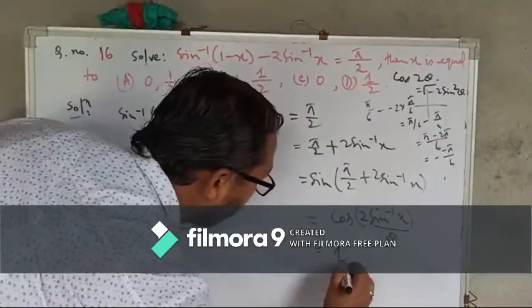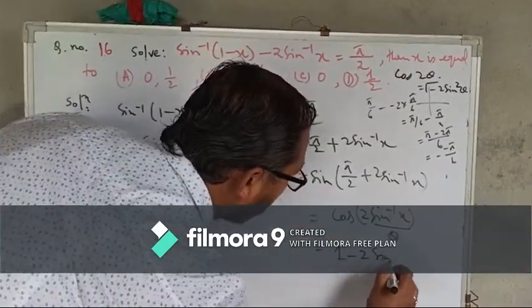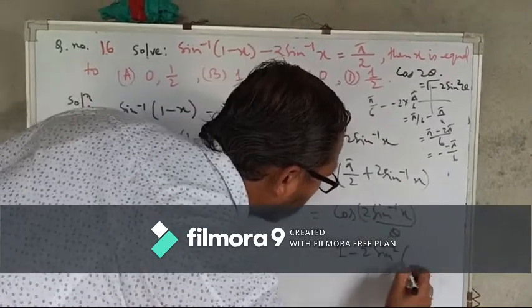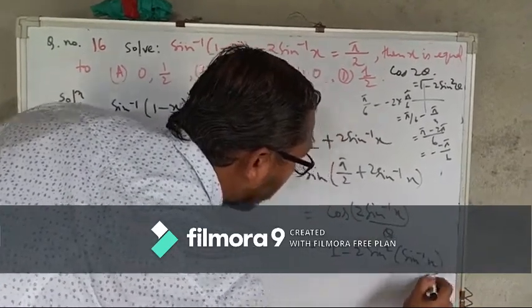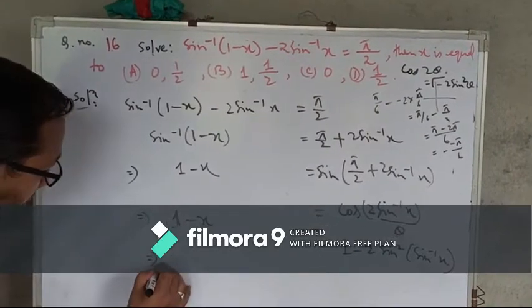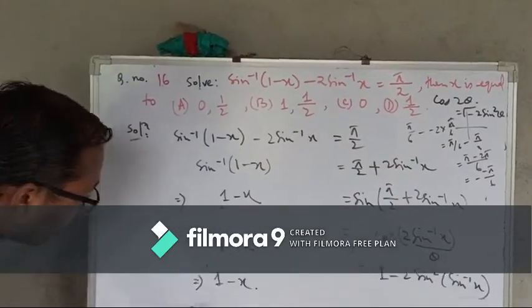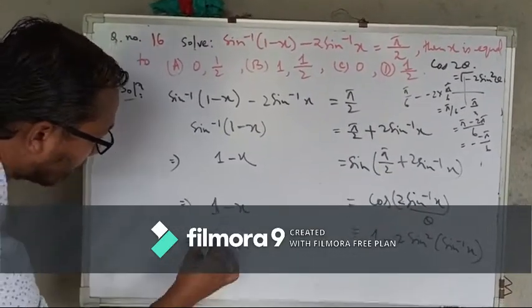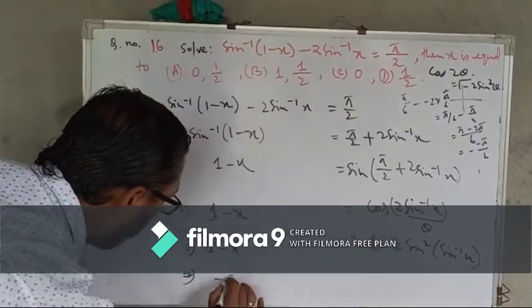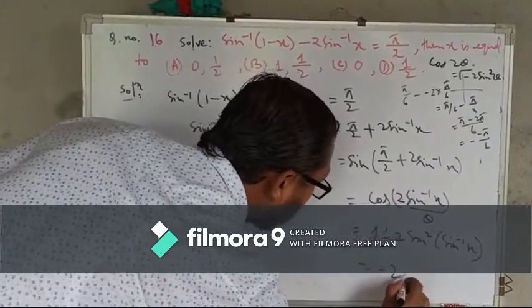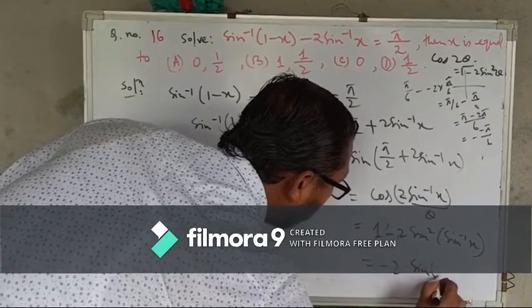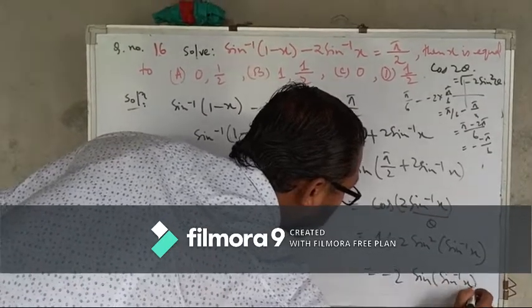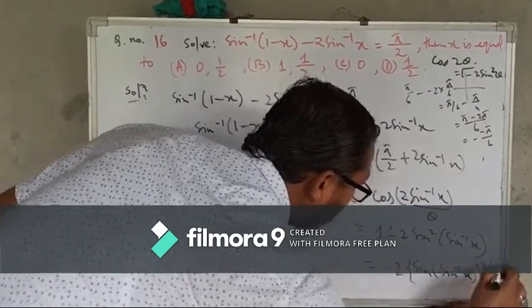So we will write here 1 minus 2 sine square of theta, where theta is sine inverse of x, and this part is the same, 1 minus x. 1 can be cancelled from both sides, so we will have minus x on one side and minus 2 sine of sine inverse of x, whole square, on the other.